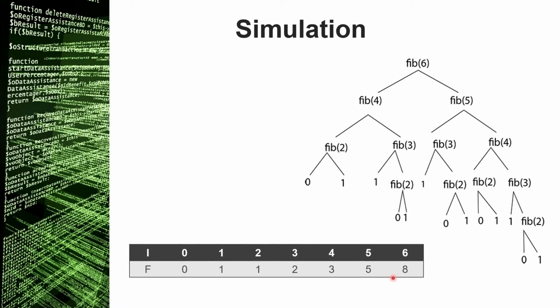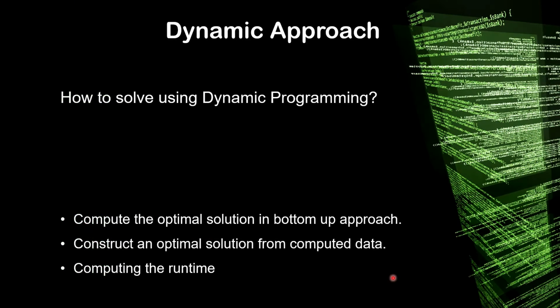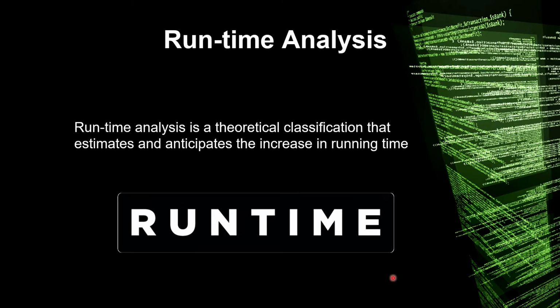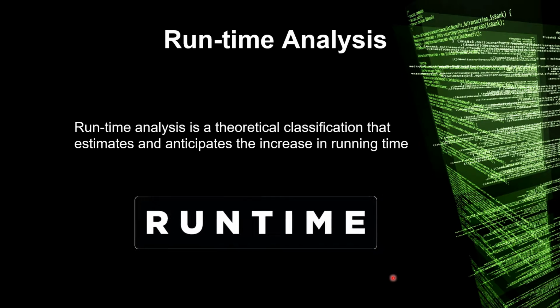Now since we have done computing the optimal solution, we need to compute the runtime of our algorithm and compare it with the naive approach, to see whether it is efficient or not. But first we need to know what runtime is.